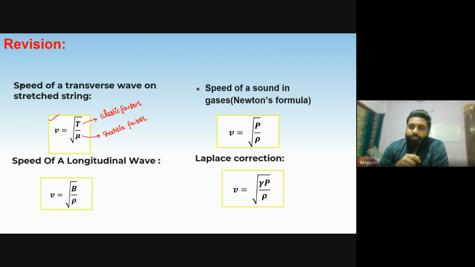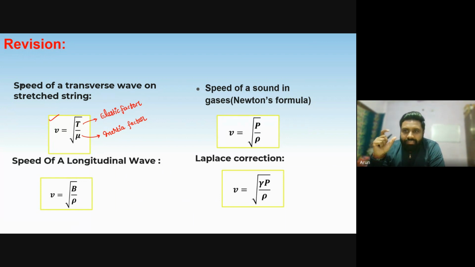Remember, Divyansh gave the answer that it is directly proportional to the elastic property and inversely proportional to the inertia property. Why is it so? Because if inertia increases, the mass increases, so it is hard to move or vibrate that particular material. Same thing with the elastic property.